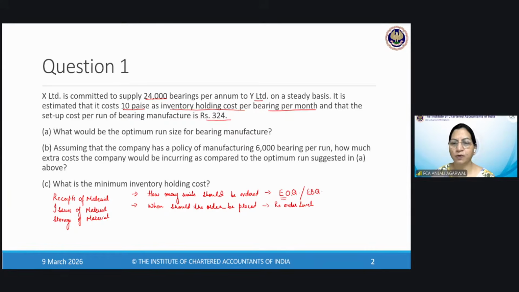So economic order quantity is when you have to order, and economic batch quantity is when you have to produce. How many units should you produce in one run or in one go? How will you optimize the run size for bearing manufacture?